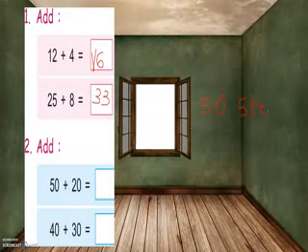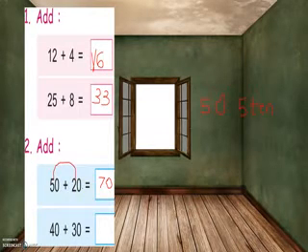So both are tens numbers. To add tens numbers, we just have to add the tens place only and then put a 0. 5 plus 3 is 8. And now we have to put a 0 in the ones place. This is how we can add 2 tens numbers.